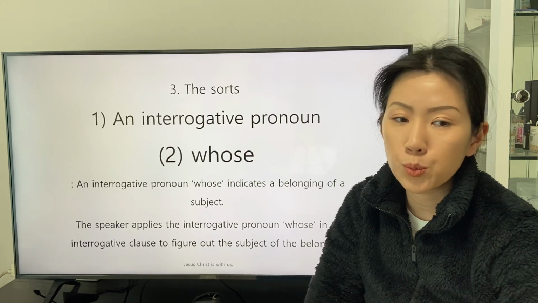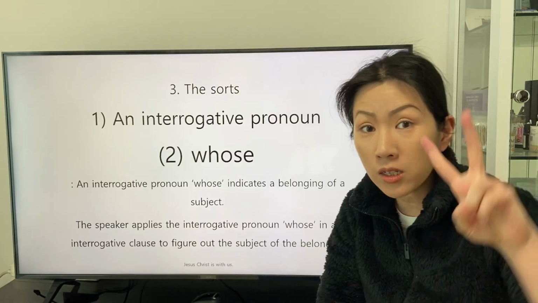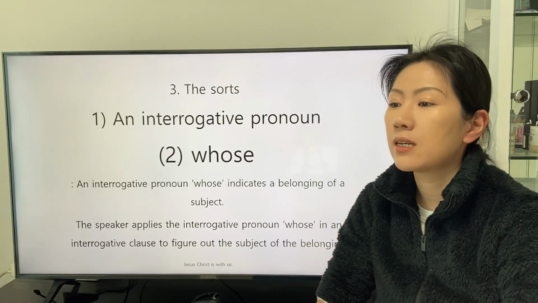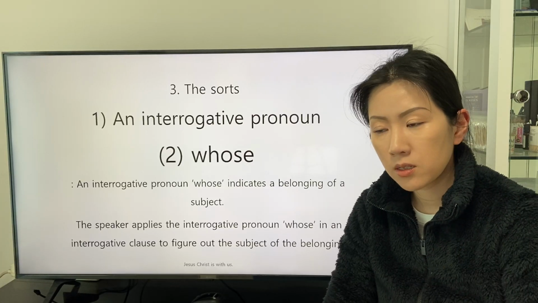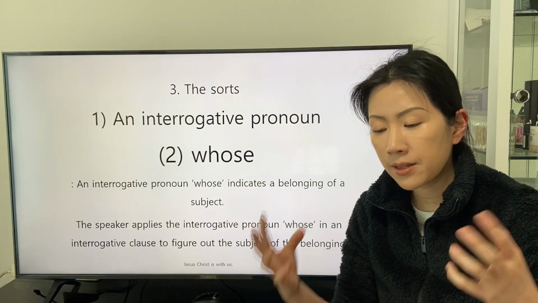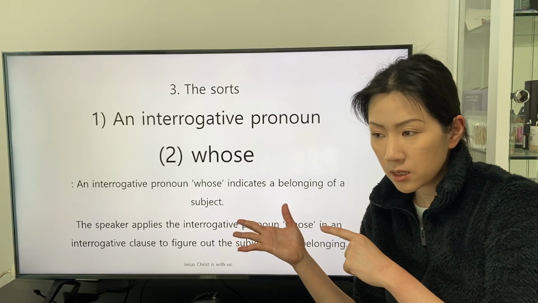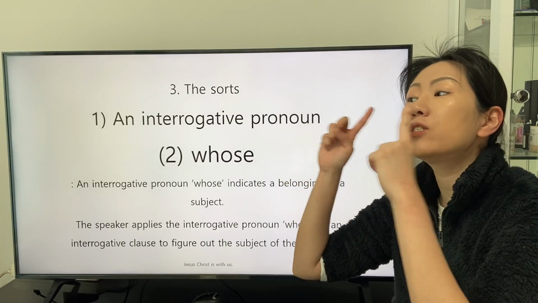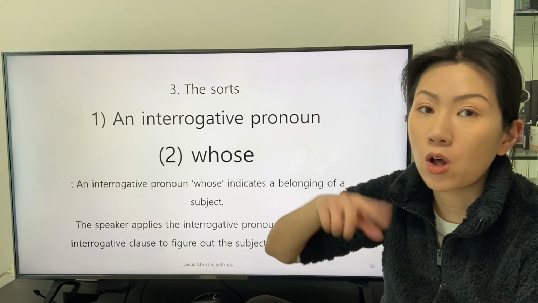In today's class, we will study the second interrogative pronoun, whose, that indicates an object, and this object belongs to a subject that the speaker intends to know from the interrogative clause.